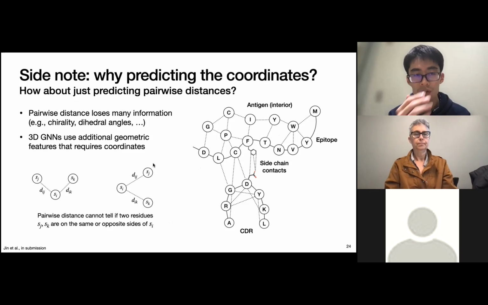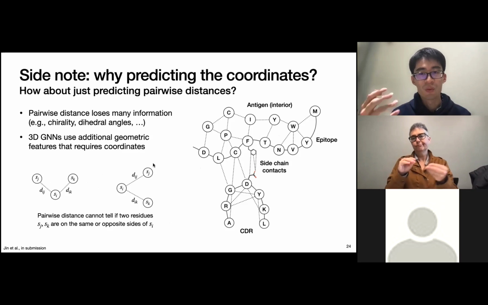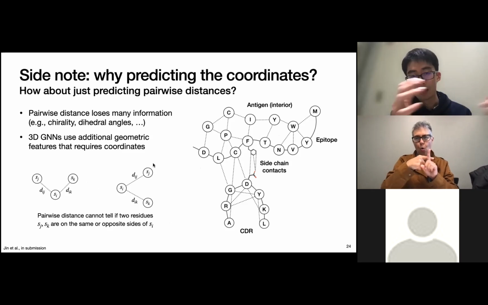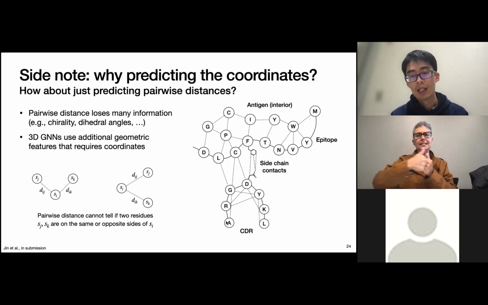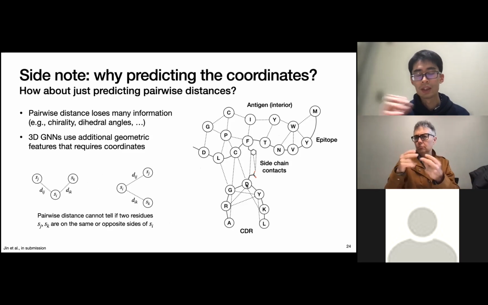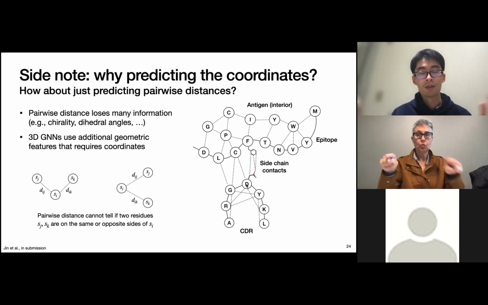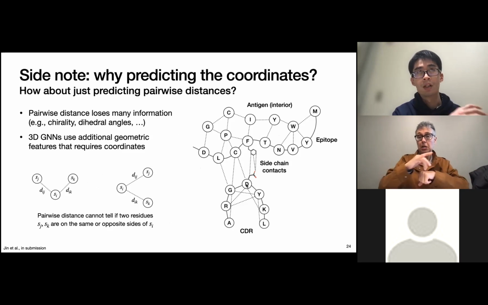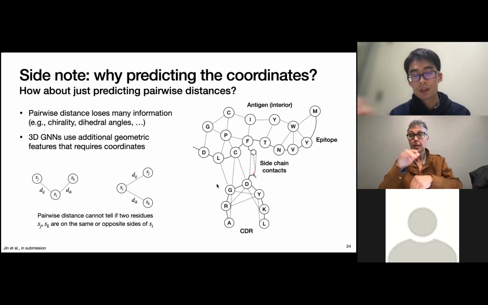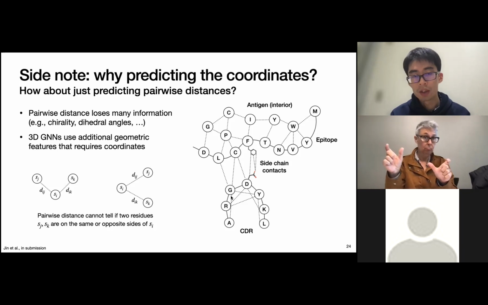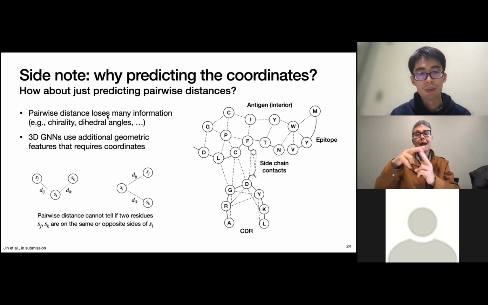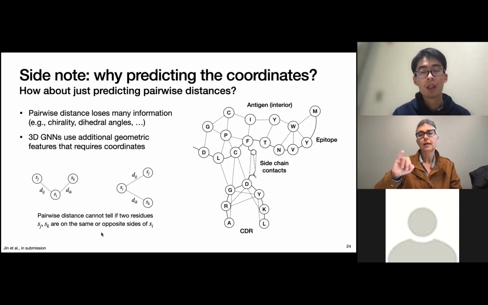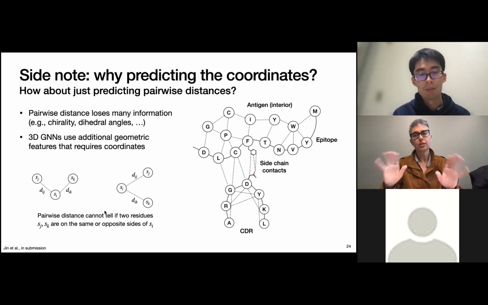As a side note, why do we stick with the coordinates? How about just predicting the pairwise distances, either within the antibody or across antibody and antigen? The reason we want to predict the coordinates is that pairwise distance loses quite a bit of information, especially chirality. This has been addressed in a variety of previous work.